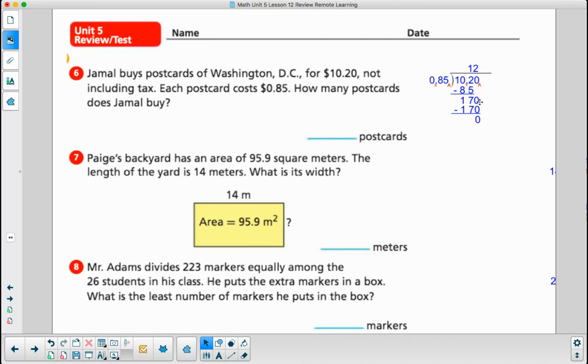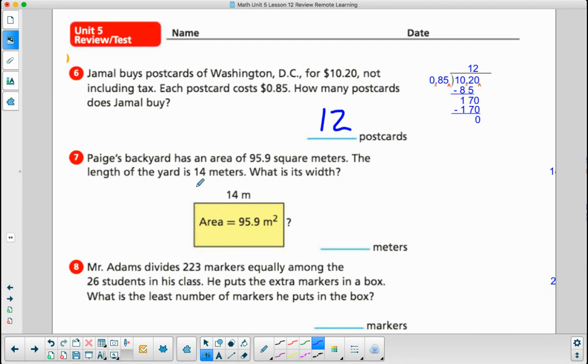I brought down the 0. 170 divided by 85, I thought there were 2 of them. 2 85s were 170. I had 0 left. So I end up having 12 postcards, costing $10.20.